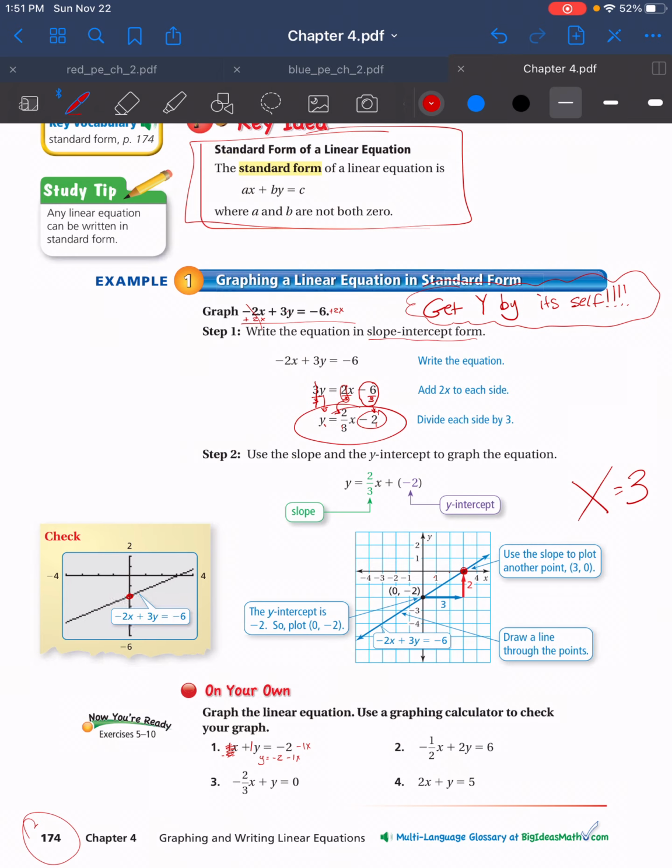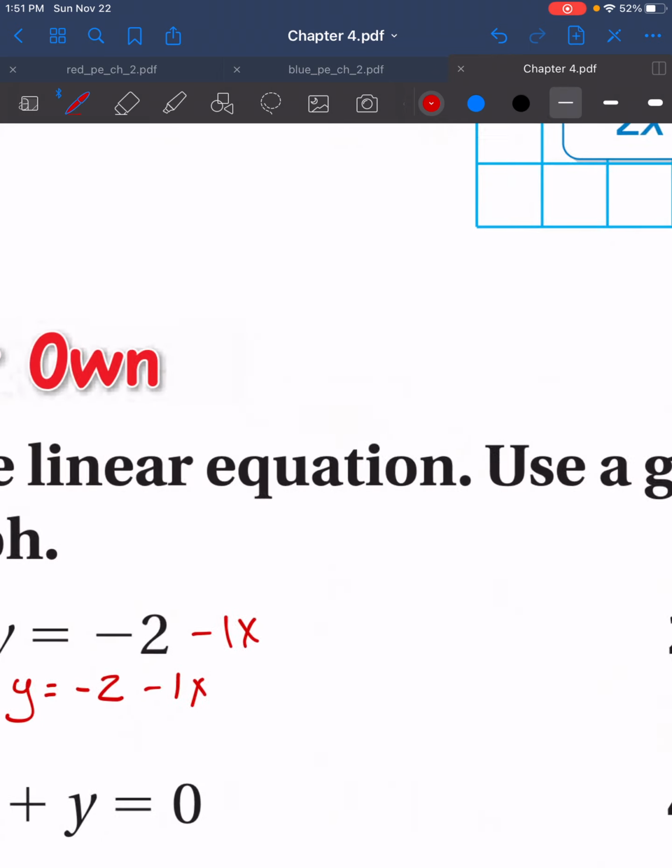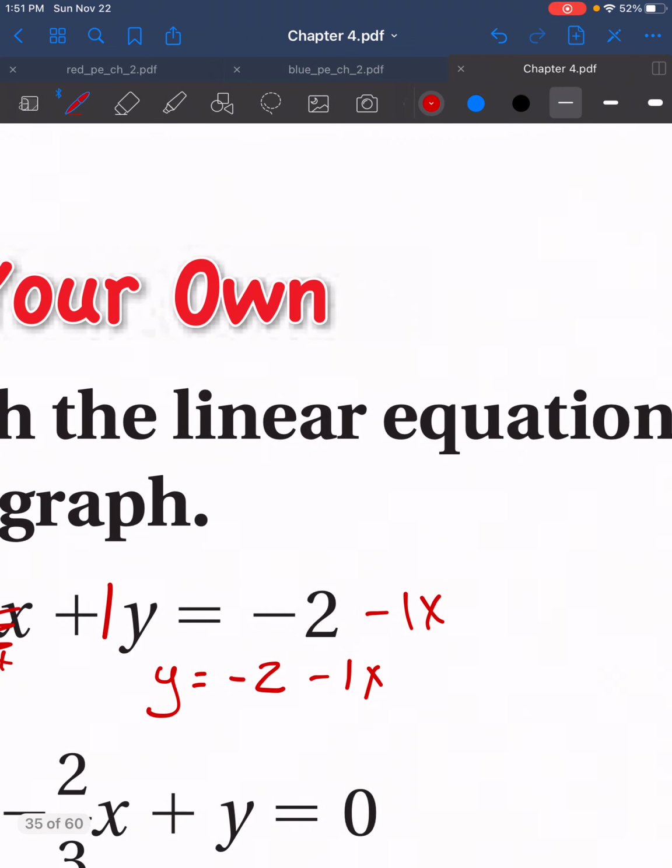What is the line? You gotta be careful. It is in y equals mx plus b form, however they're just kind of like switched around, right? So I could rewrite it to y equals negative 1x minus 2. I would start at negative 2 on my graph, and then my slope is down 1 over 1, down 1 over 1.